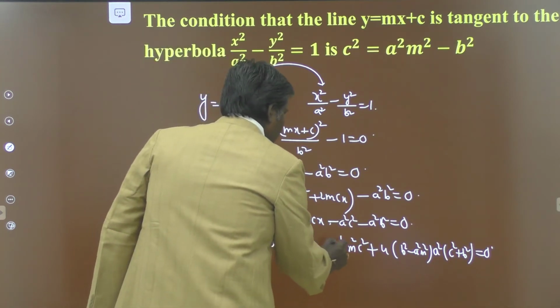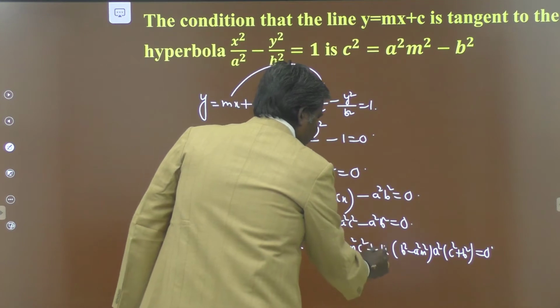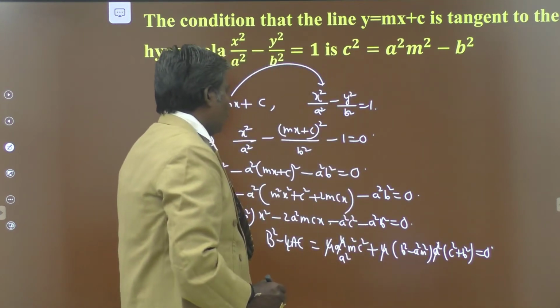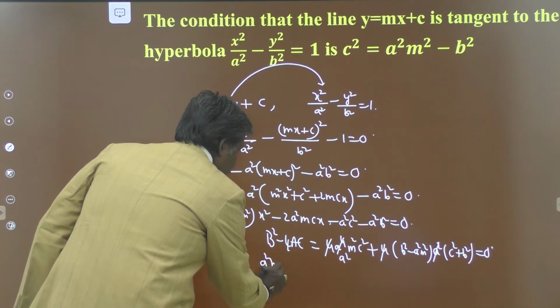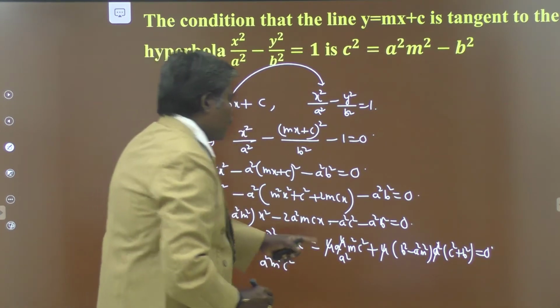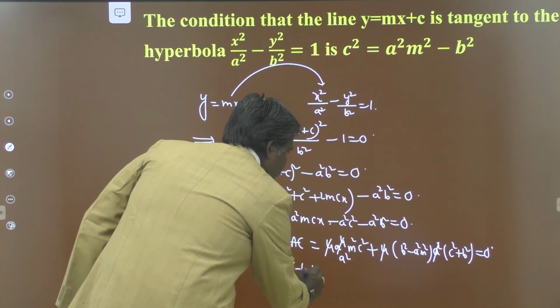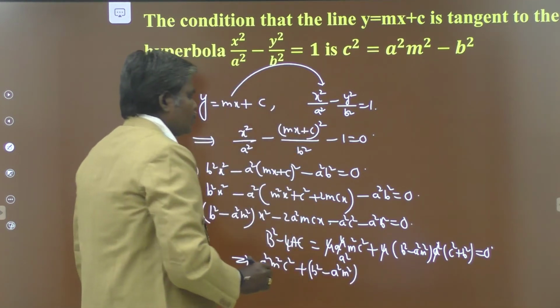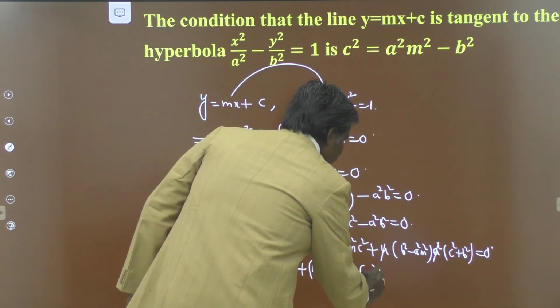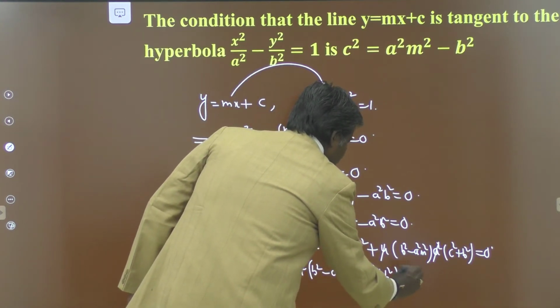You can cancel the common 4a square. We have a square m square c square plus (b square minus a square m square) into (c square plus b square) equals 0.